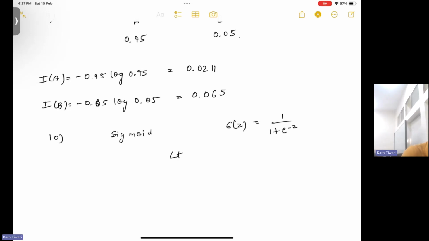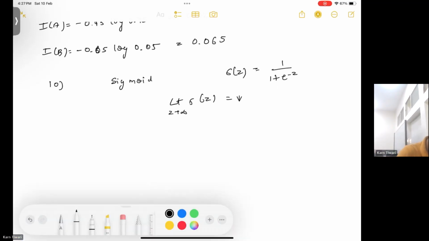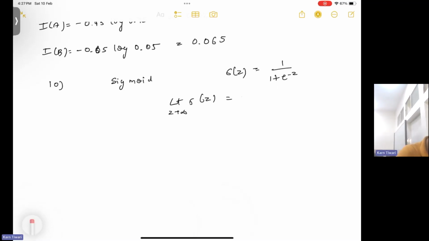The limit of sigma of z as z tends to infinity is 1, because e to the power minus infinity is 0.